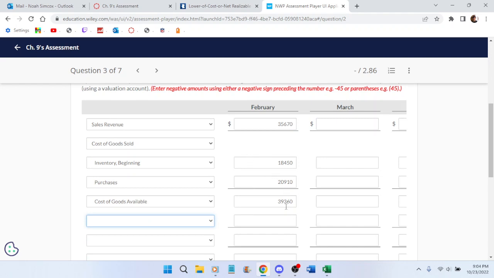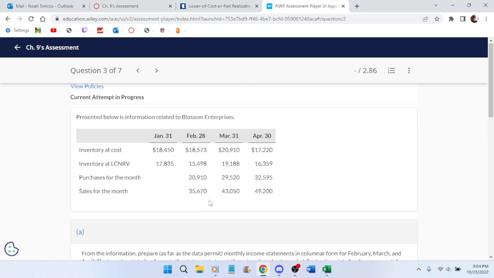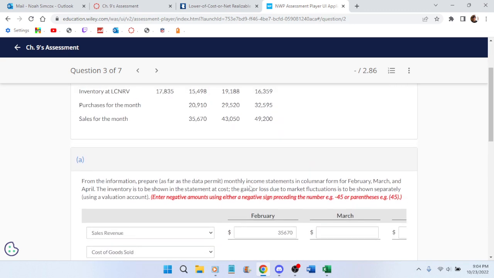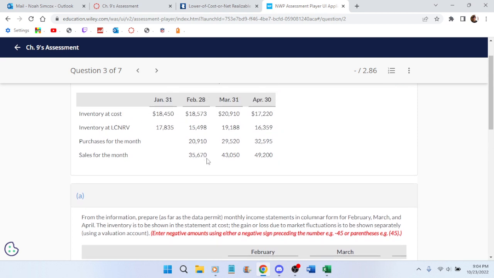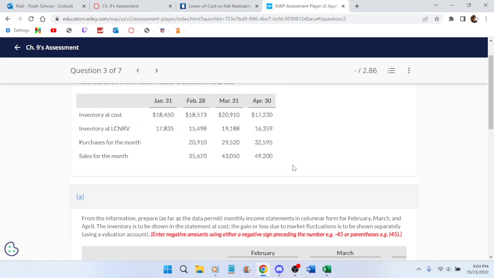Therefore, this is our cost of goods available. But we made sales of this much, but here's the catch. You can't just subtract that number, because that's the retail price. You've got to be kidding me. What the heck is this question?